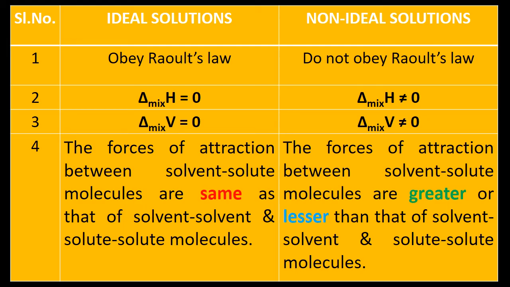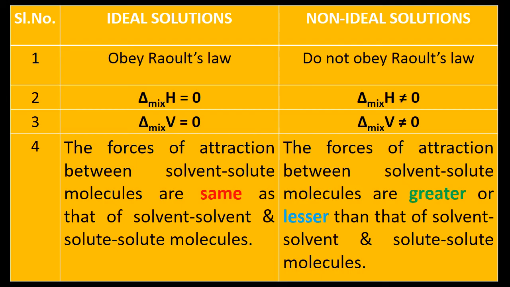Let us differentiate ideal solutions from non-ideal solutions. Ideal solutions obey Raoult's law, but non-ideal solutions do not obey Raoult's law. Delta H mix is equal to 0 in case of ideal solutions. Delta H mix is not equal to 0 in case of non-ideal solutions. Delta V mix is equal to 0 in case of ideal solutions.